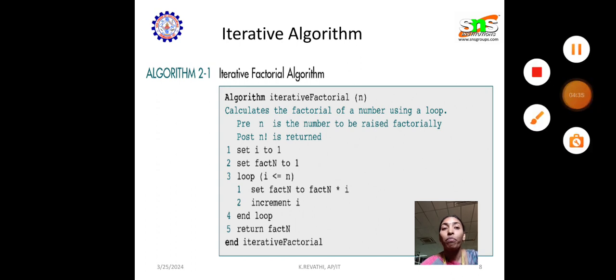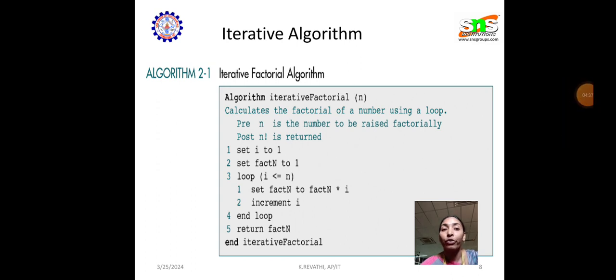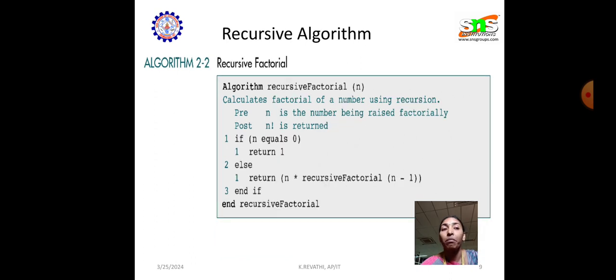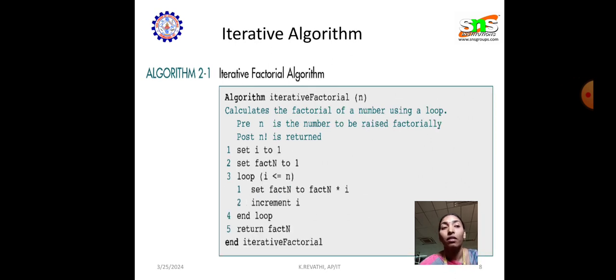That means loop while i is less than or equal to n, then set fact to fact into i. Then it will increment the i value, then end the loop. It will finally return the factorial of the given number.